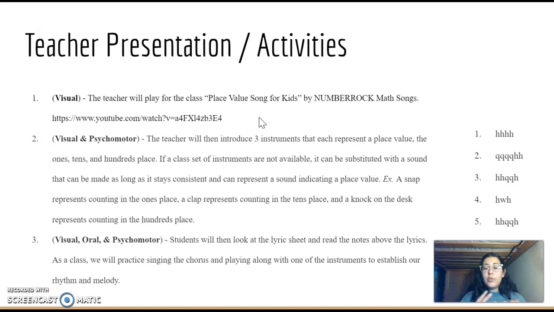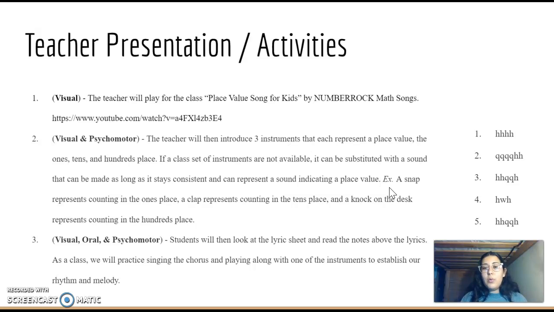The teacher will introduce 3 instruments to represent each place value, the ones, the tens, and the hundreds. If there is a class set of 3 instruments, that would be great. If only 1 or 2, each place value instrument can be replaced or substituted with a sound that can be made, as long as it can be consistent and represent a place value.